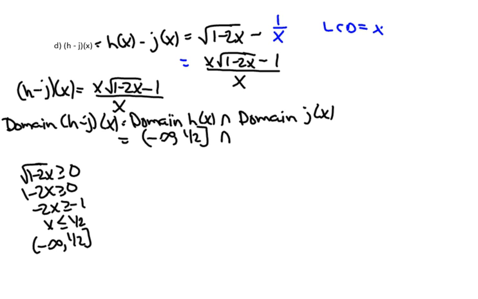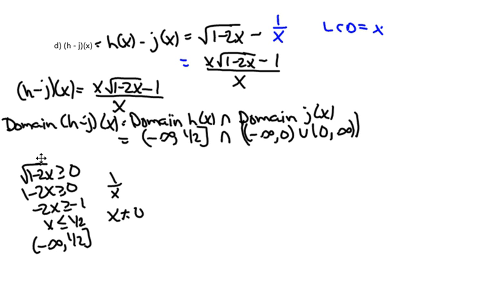Now, j of x is 1 divided by x. We know here that x cannot equal 0. So that's easy to write in interval notation. I'll do that above. Now, remember, I now need the intersection of these two sets. So the best way for me to demonstrate this is to graph both of these on a number line.